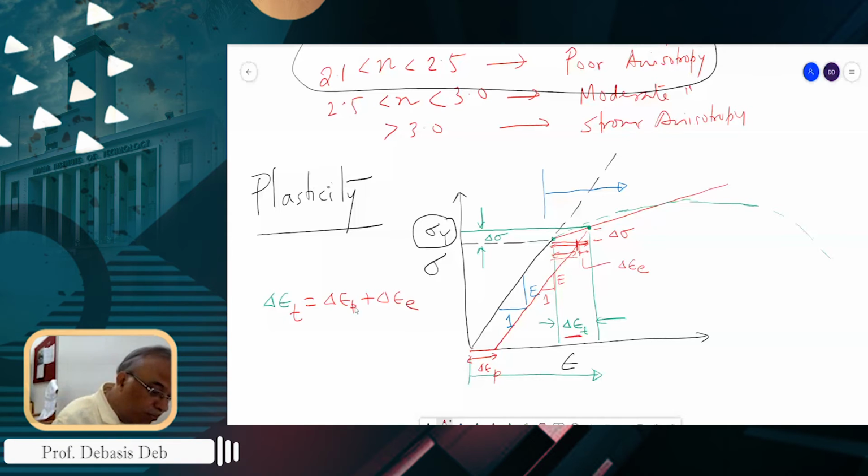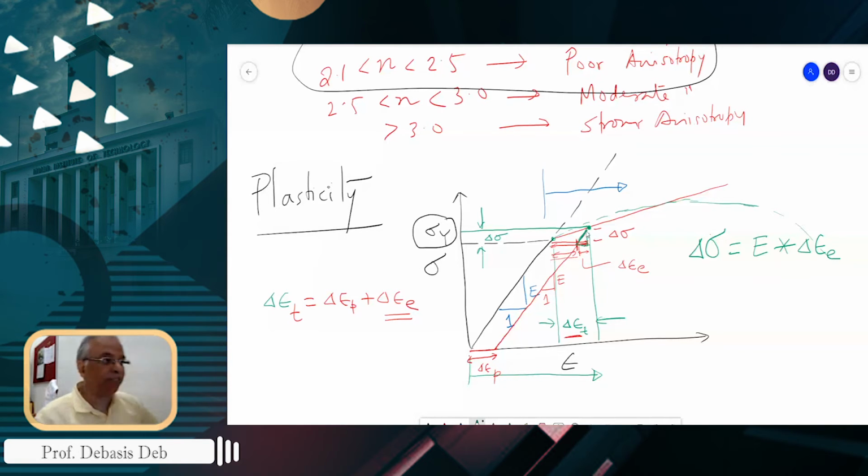Now, for this small part, I can write delta sigma equals E multiplied by delta epsilon E. If I take this triangle here, then the slope of this line is E, multiplied by this delta epsilon E gives me the delta sigma. You agree, everybody?